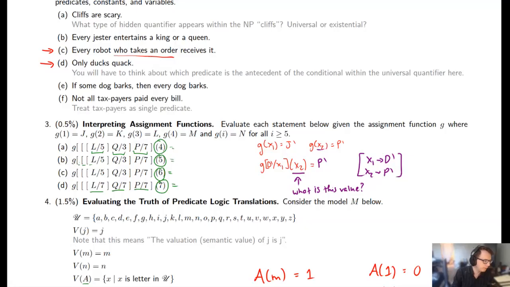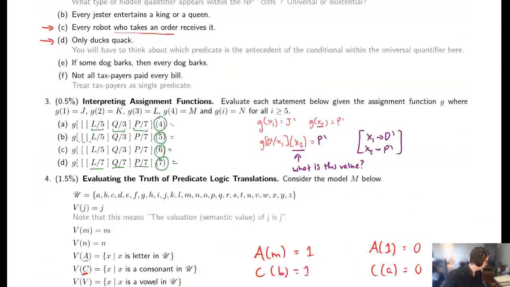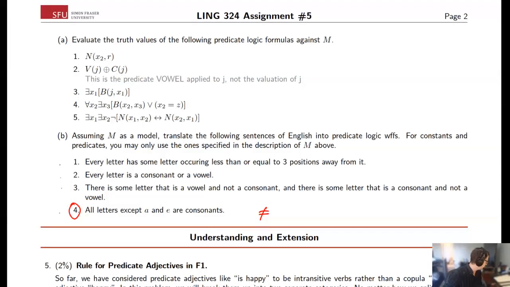For predicates, can you go over how we did adjectives again? Yeah. Let me add a page to, what did I do?